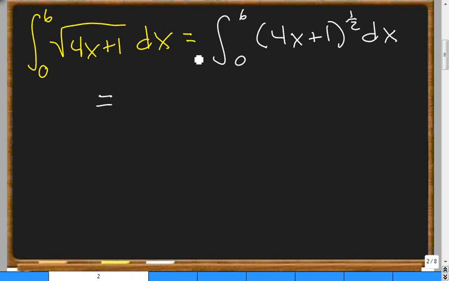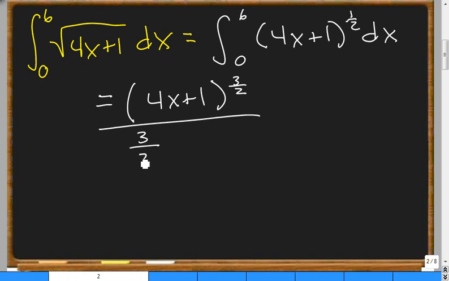If we were to integrate this, we would have 4x plus 1 to the 3/2. We would then divide by the 3/2, and then also divide by the derivative of the inside, since it's a coefficient, which would be 4. And we do this from 0 to 6.